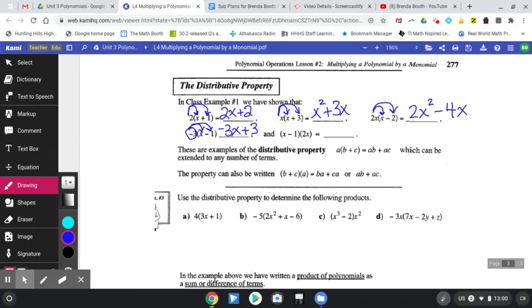So rather than ba, we should write it as ab, and rather than ca, we should write it as ac. Now, if that felt weird to you, taking the binomial and distributing it, you can also just take the 2x and distribute it. I think that's probably the most common way to look at it. So let's take that 2x times x, and that gives us 2x squared. And then 2x times negative 1 gives us negative 2x.